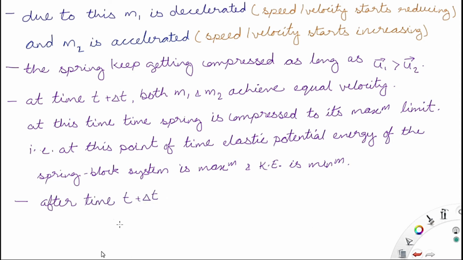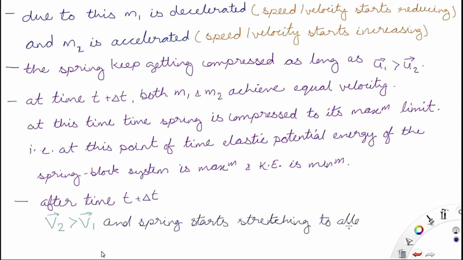The spring is totally compressed now, and both masses are moving with equal velocity v. This is the point when the potential energy of the spring is maximum and the kinetic energy of the blocks is minimum.